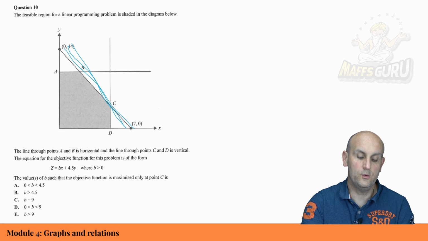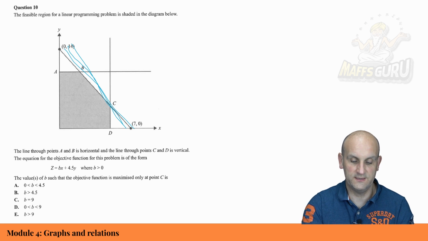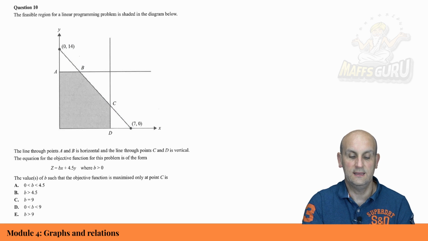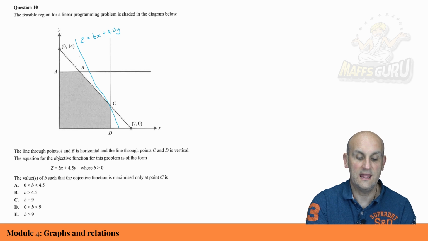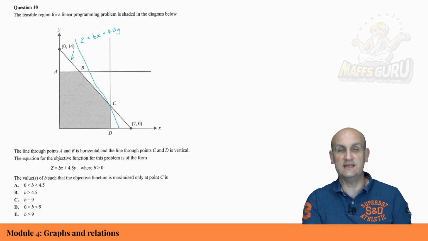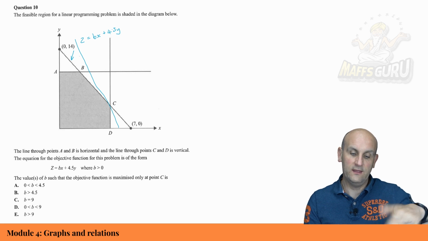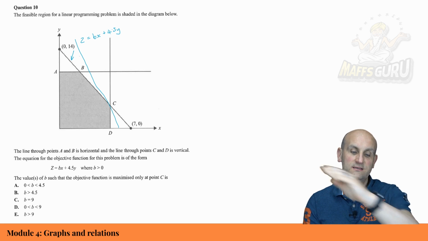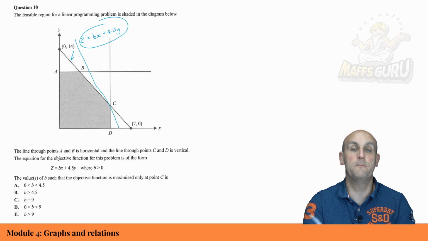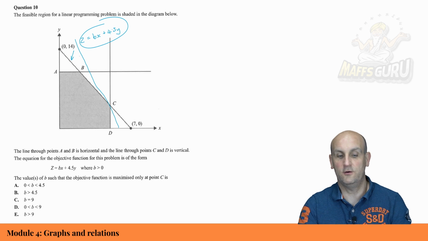But what we know is that this gradient of this line here, this objective function, which is Z, is equal to bx plus 4.5y, has to be less than the gradient of this line here. Because if it hits that line there, then there's going to be multiple points along there, and so C isn't going to be maximized. Now, the reason it's less than is because, if you remember, the gradient is negative. So this objective function here has to be more negative than the gradient of this line.